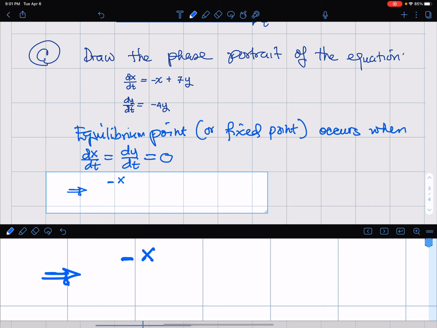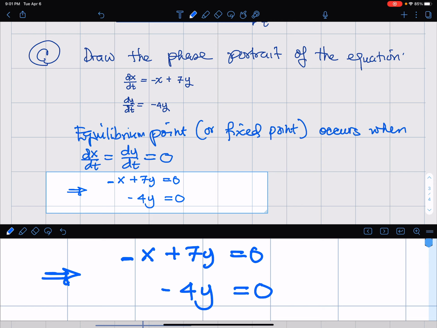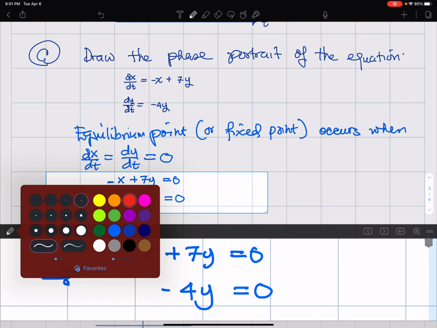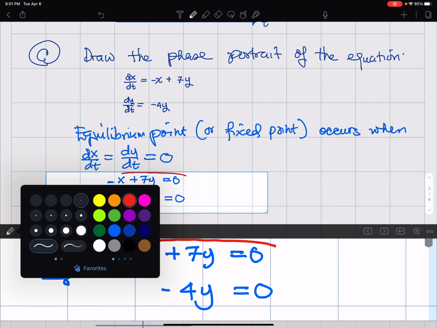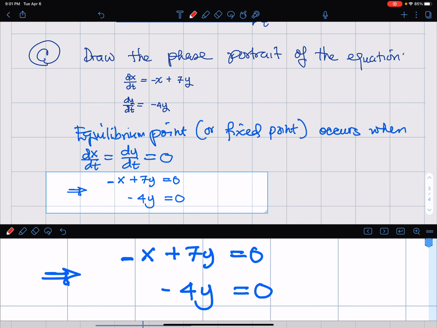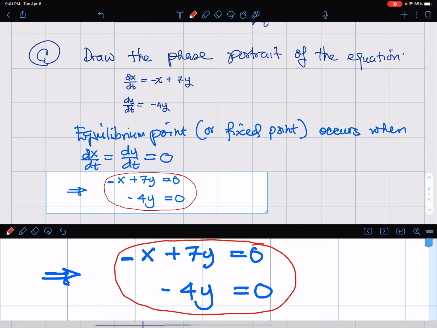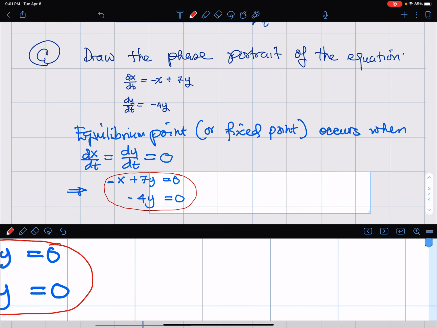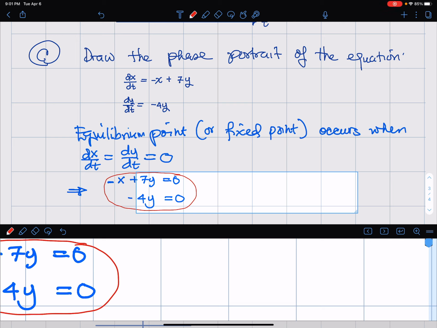Essentially, negative x plus 7y and negative 4y, this is equal to 0, this is equal to 0. So we have a system of equations where both sides are equal to 0, and the determinant of the corresponding matrix is not equal to 0.